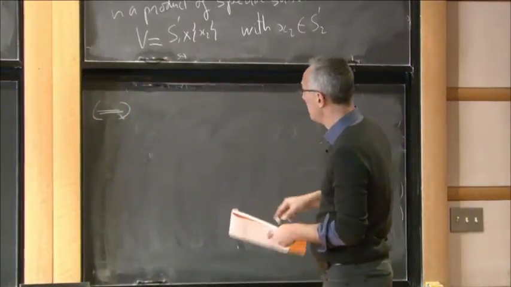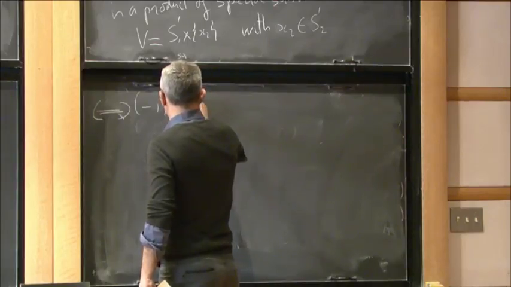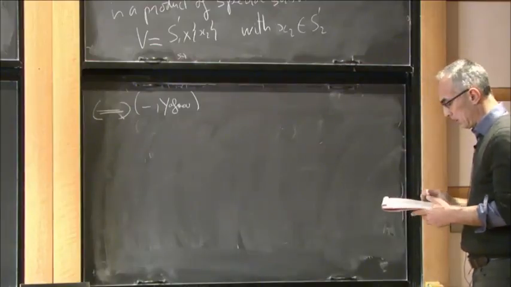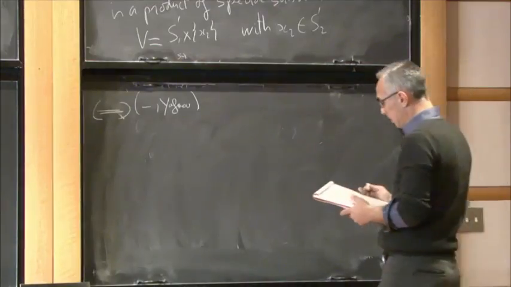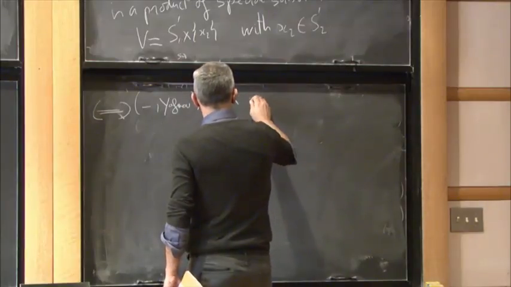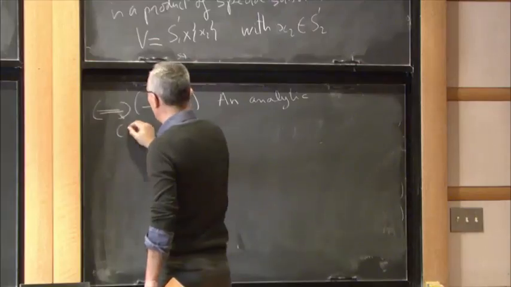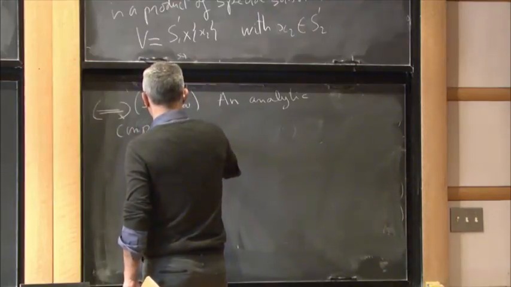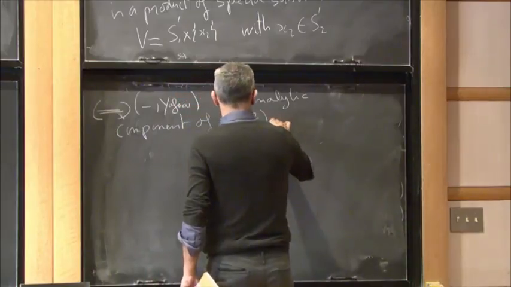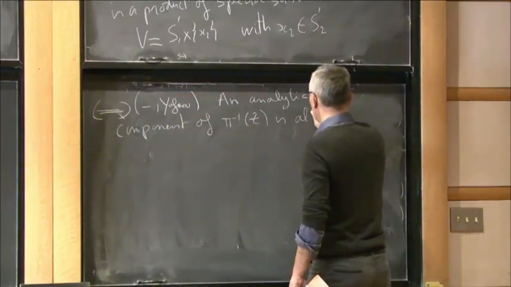So maybe this is due to Yafaev and myself. An analytic component of the inverse image of Z is algebraic.